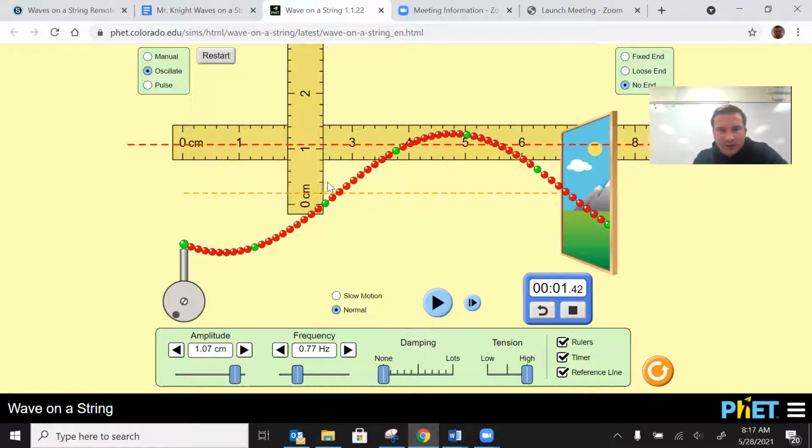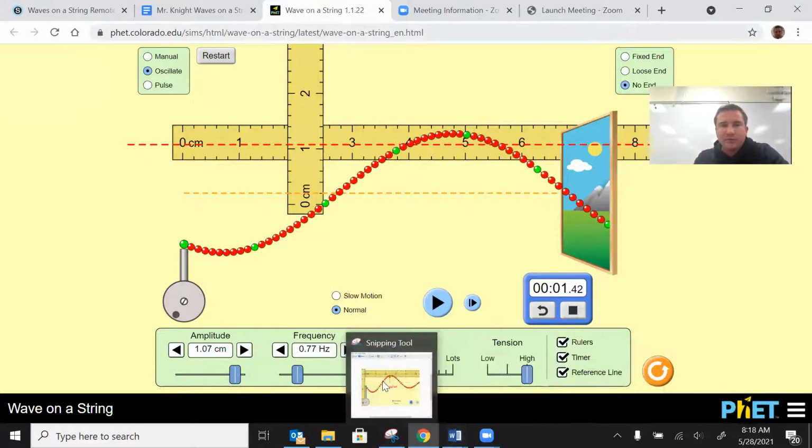If this is 1, that's 0.2, 0.4, 0.6, 0.8, 1. So each one of these little hash marks is 0.2. So that green ball is 0.2 at 1.42 seconds. And it's actually below the line, so that's a negative 0.2.